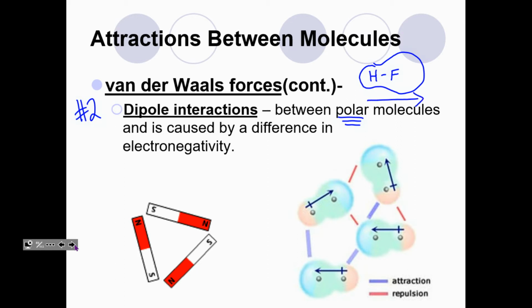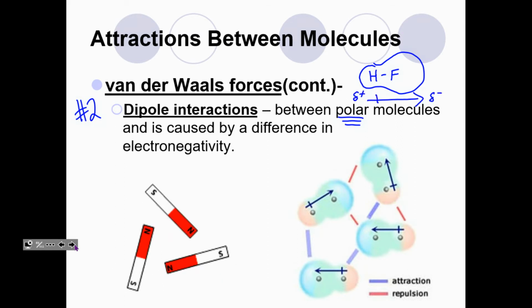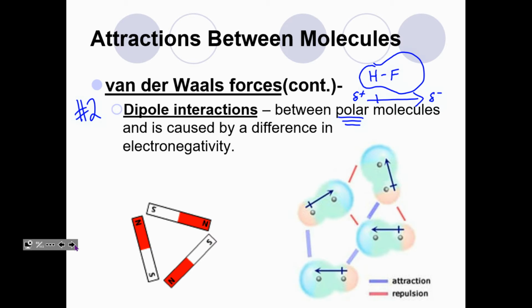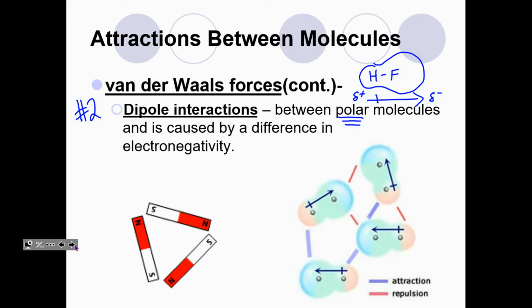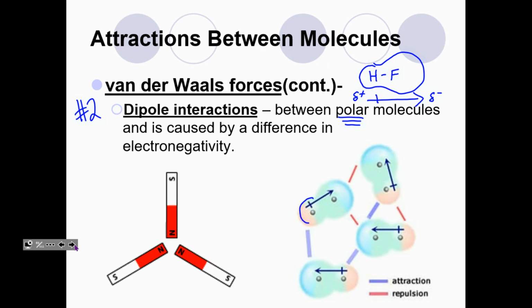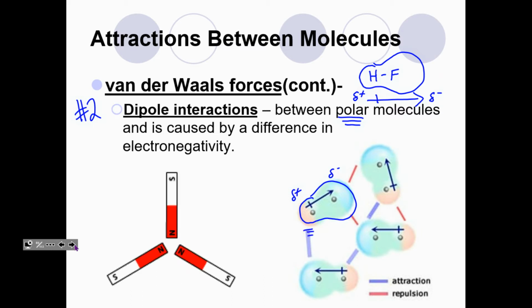We have a dipole moment, which has a partially positive and a partially negative charge. And because of that, we're going to have electrostatic attractions between molecules, which we call dipole interactions, or dipole-dipole. And so when two of these get around each other, one that has a partial positive and one that has a partial negative, we have an attraction, like a magnet.